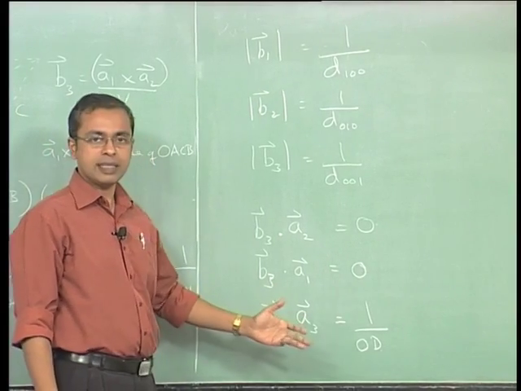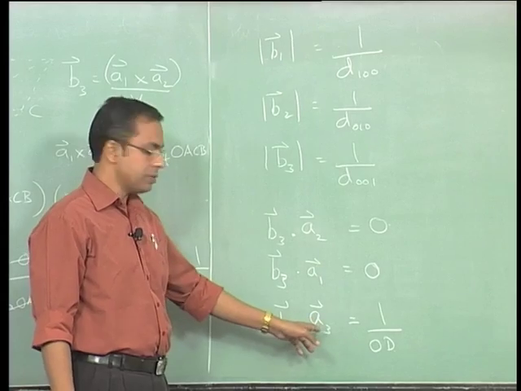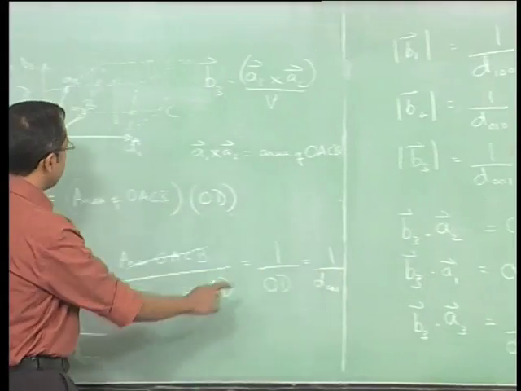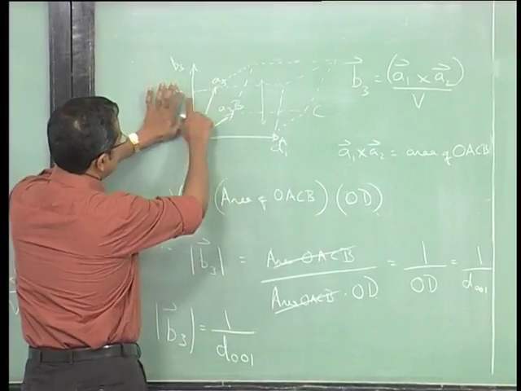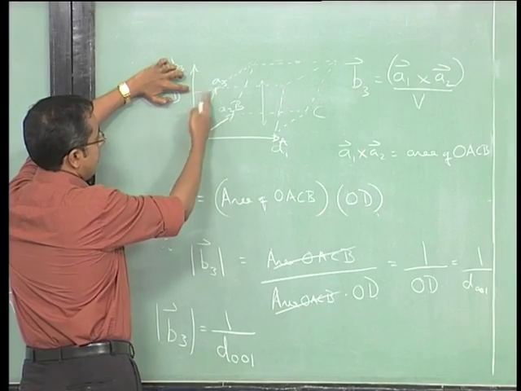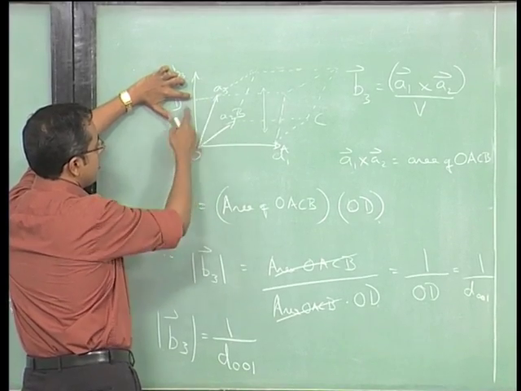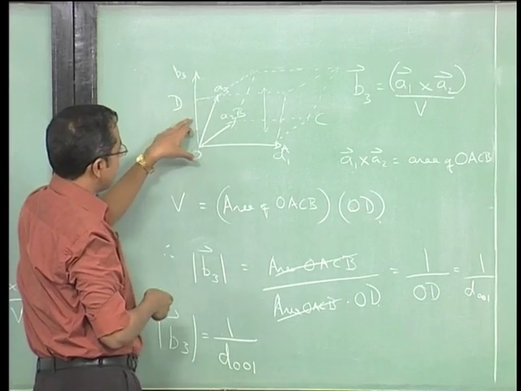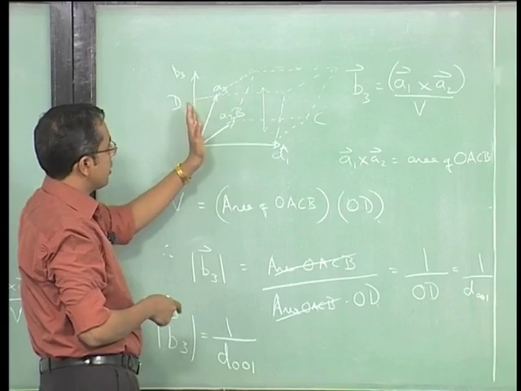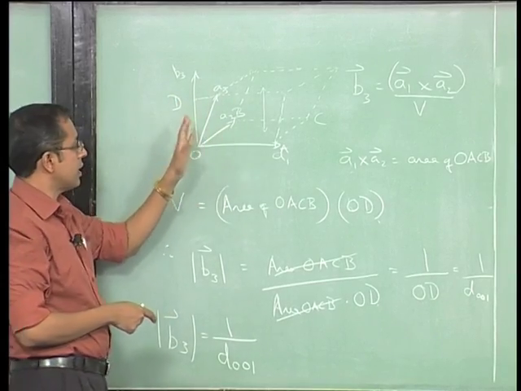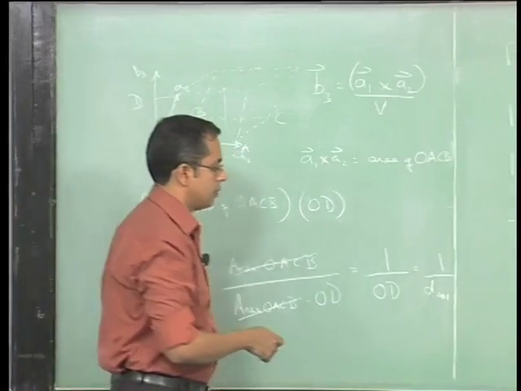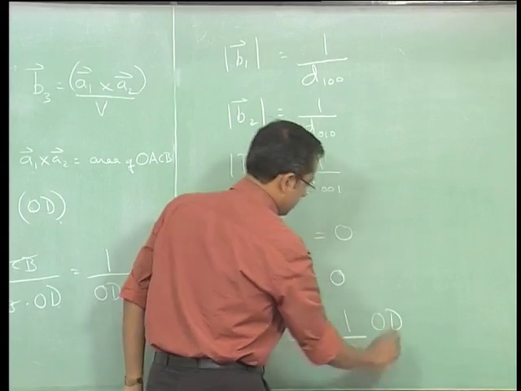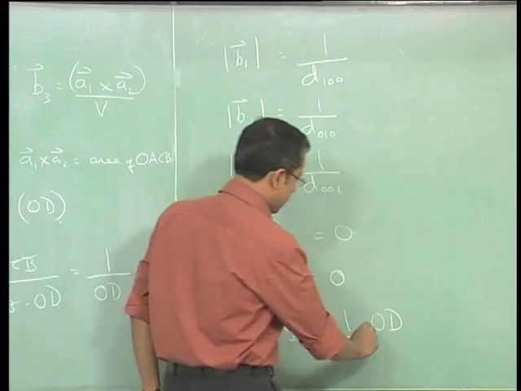When you do a dot product, that is basically what it is: one vector times the projection of the other vector on itself, okay. So what is the projection of A3 on B3? The projection of A3 on B3 is OD, as shown in this diagram, fine. So therefore the A3 that we have in that dot product simply works out to OD, so to speak. So this projection will become OD, okay. So therefore this is equal to 1.